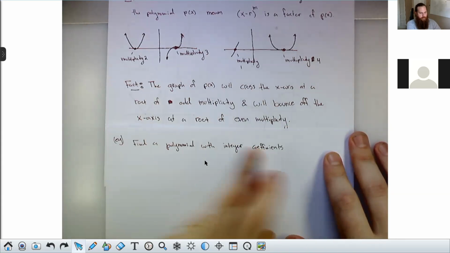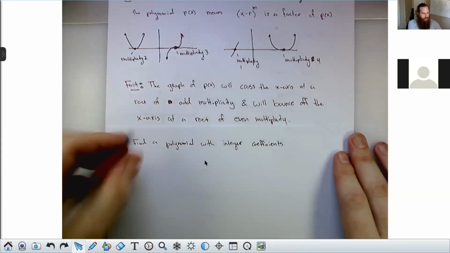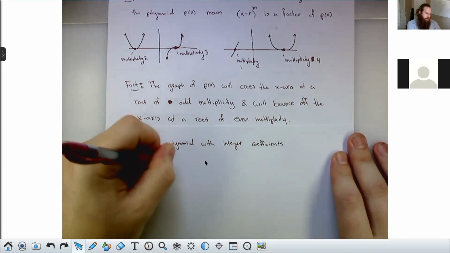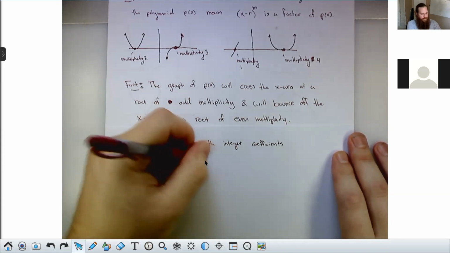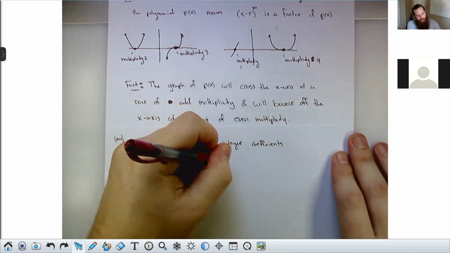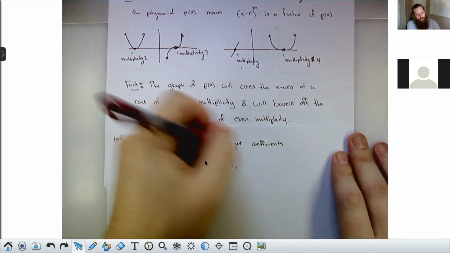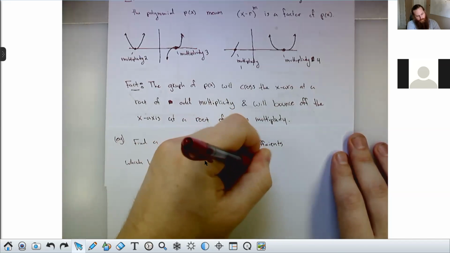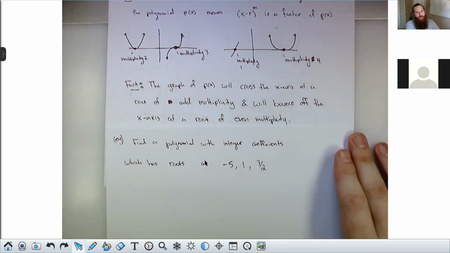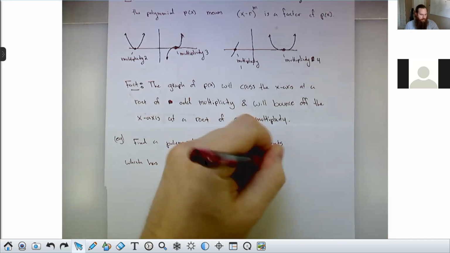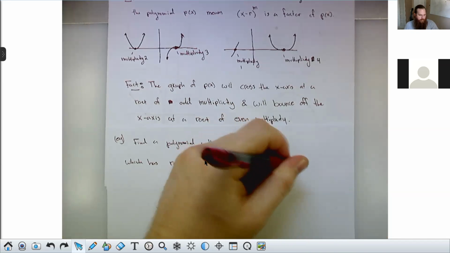Coefficients are the numbers that multiply the various powers of x, which has roots at, let's say, -5, 1, and 3/2. Let's also say and 7.